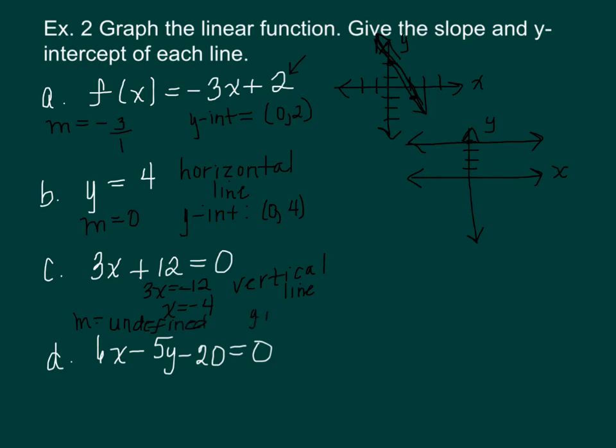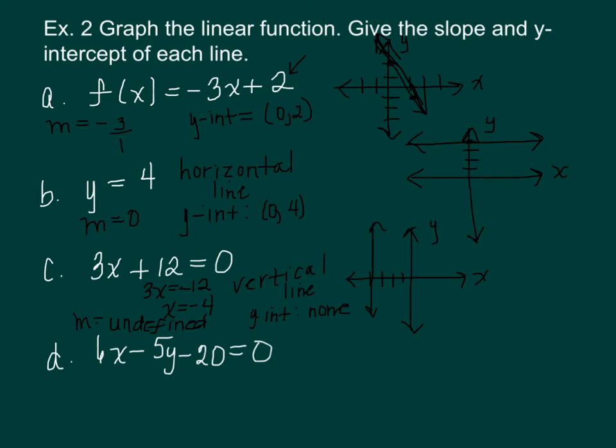And your y-intercept, there is none, because it's not going to touch the y-axis. So you're going to go to negative 4, where x is negative 4, and you'll make a vertical line.